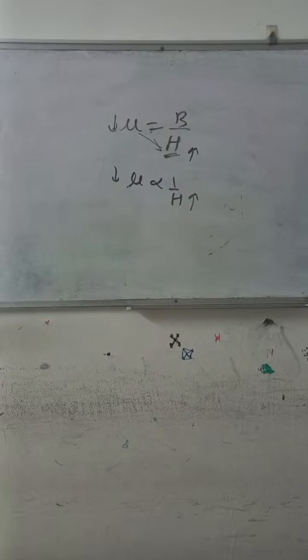Write down: a uniform magnetic field gets modified as shown in the figure when two specimens A and B are placed in it.